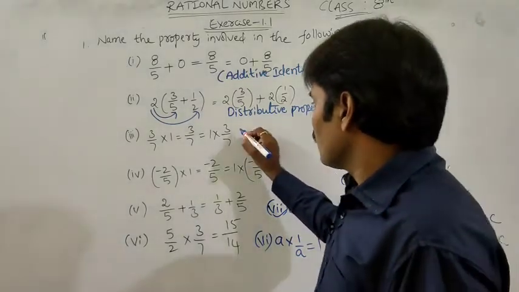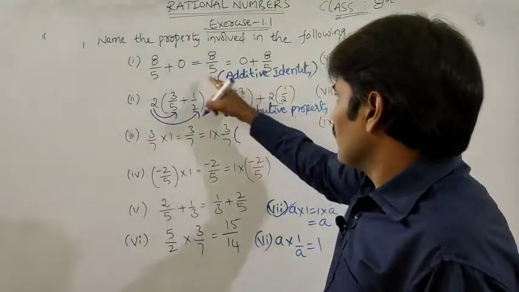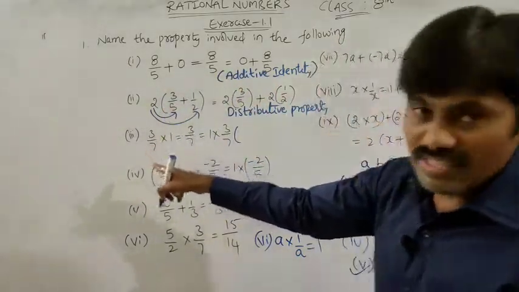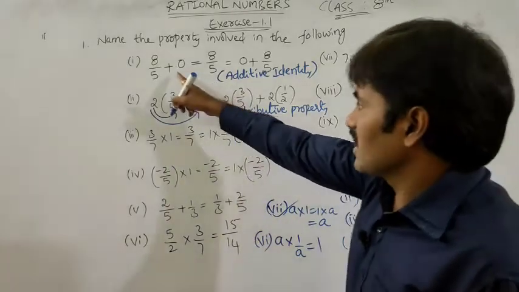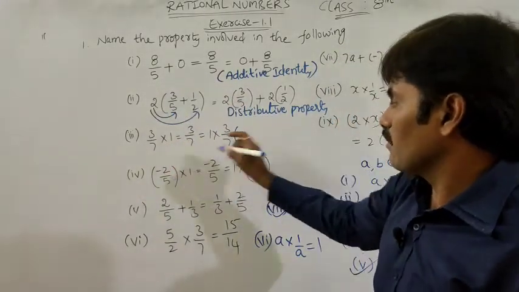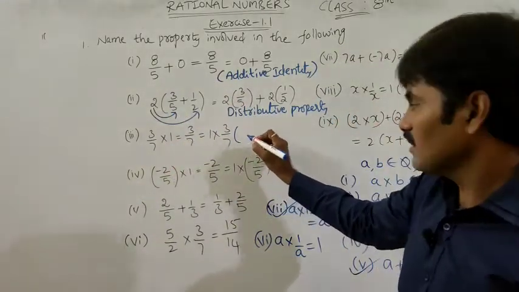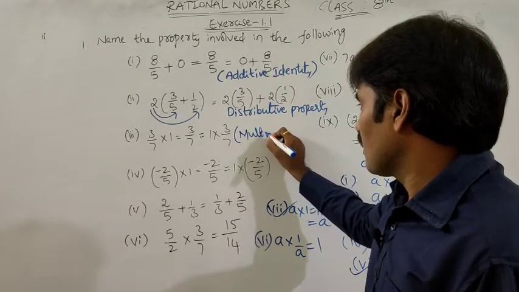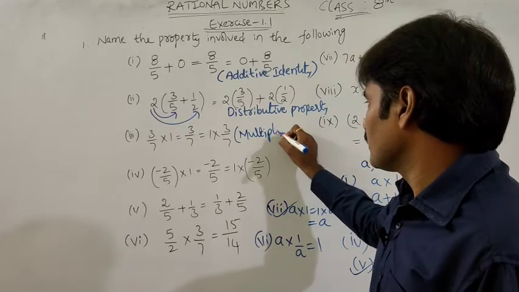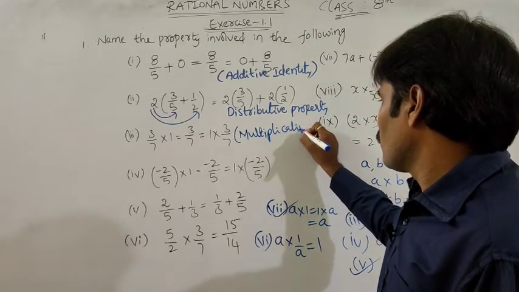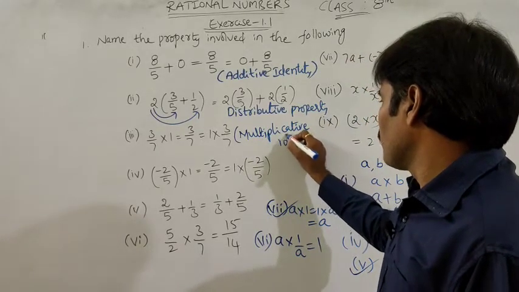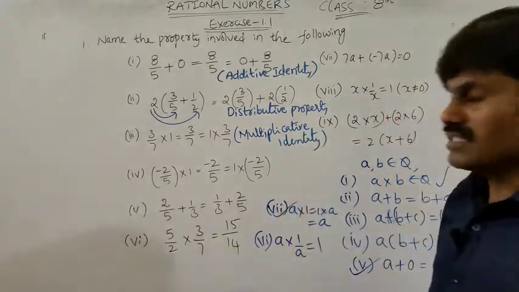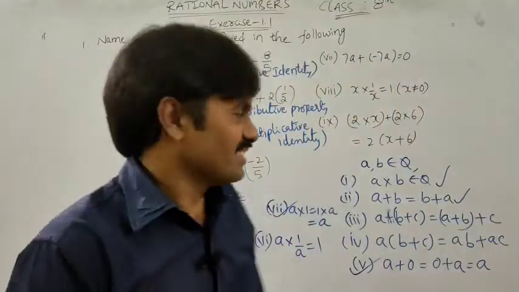If you add 0, we get the same number; here, if you multiply by 1, we get the same number. Here addition is the operation, and here multiplication is the operation. So we call this the identity property under multiplication, or the multiplicative identity.